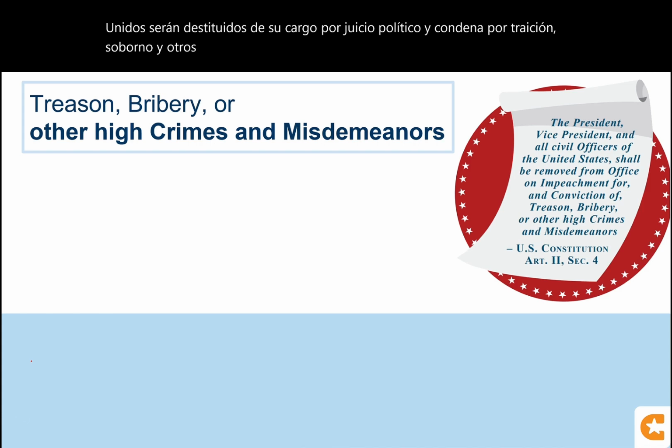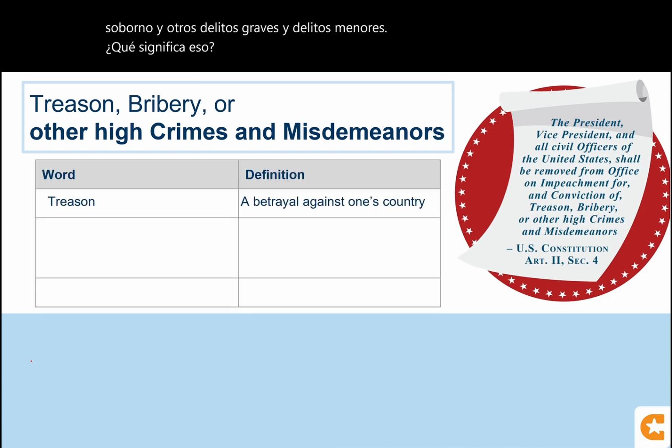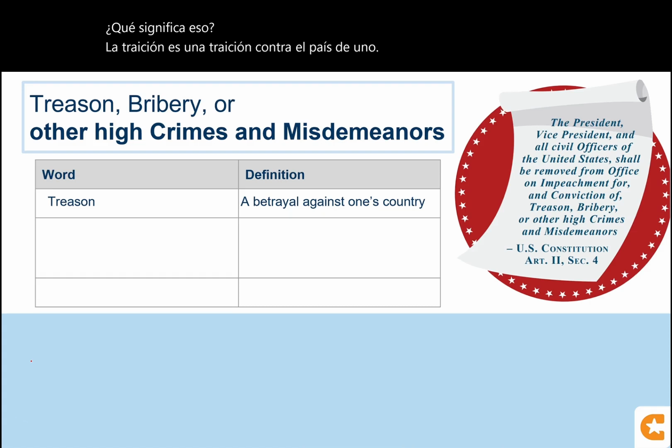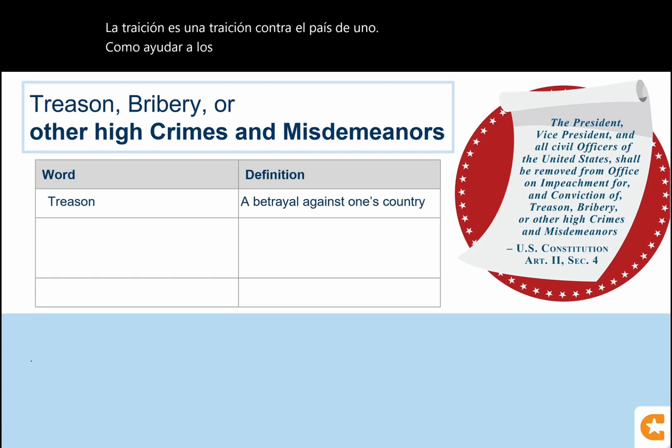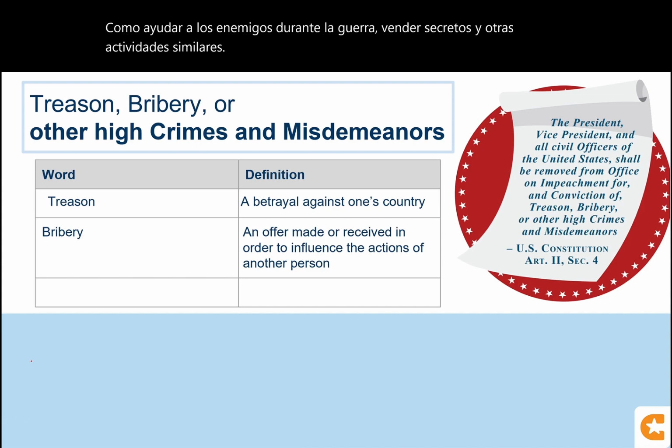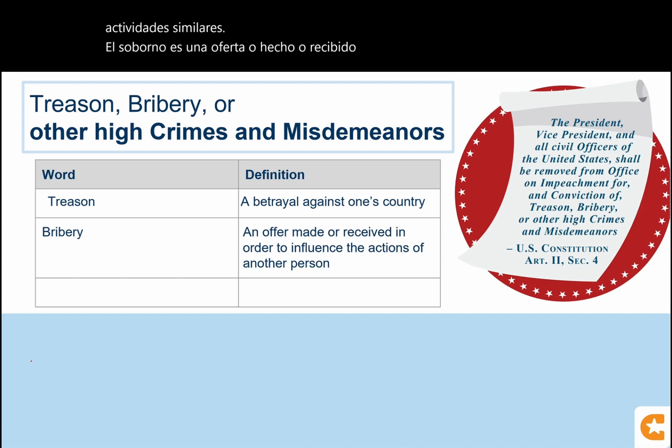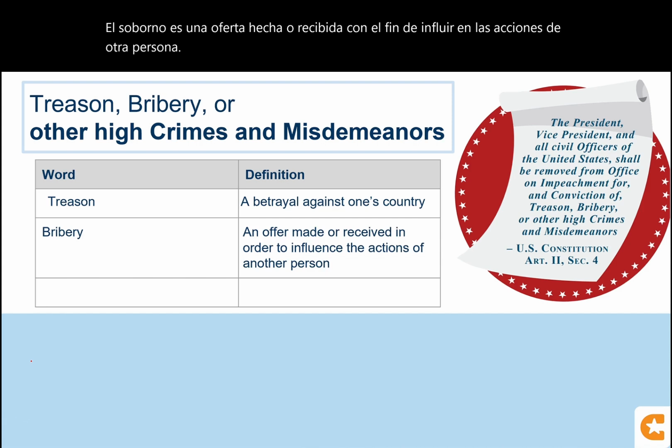What does that mean? Well, treason is a betrayal against one's country, such as helping enemies during war, selling secrets, and other such activities. Bribery is an offer made or received in order to influence the actions of another person. So that is paying a government official to do what you want.